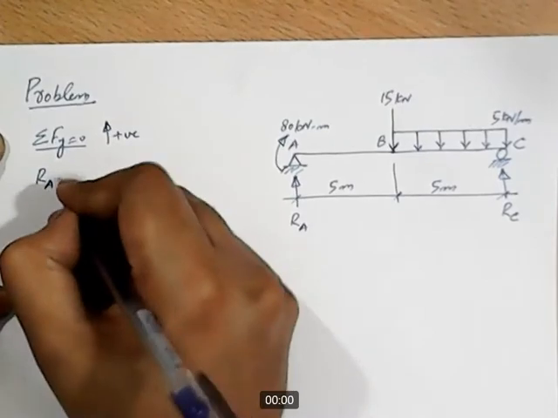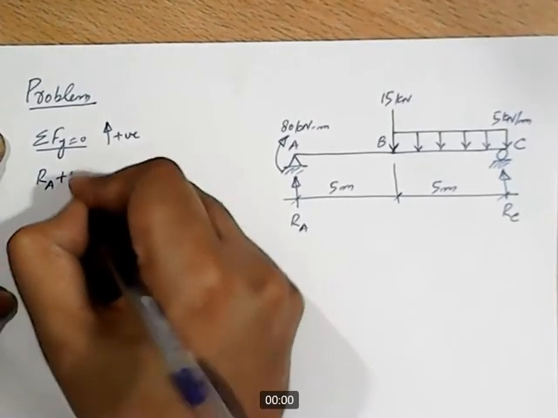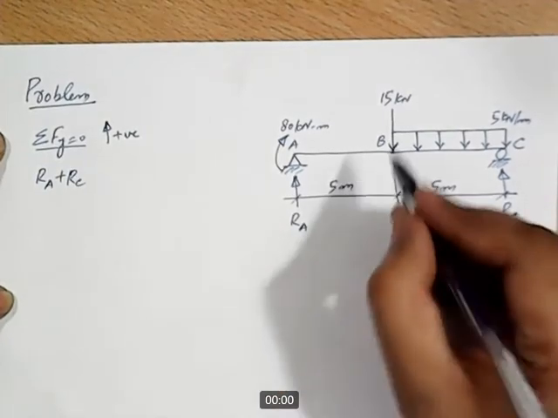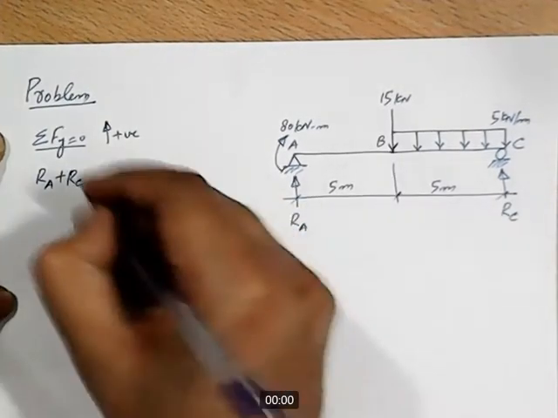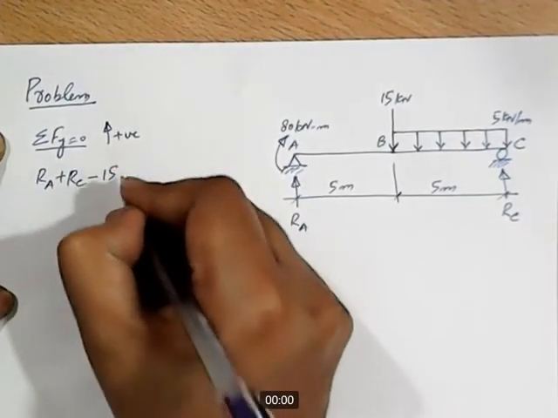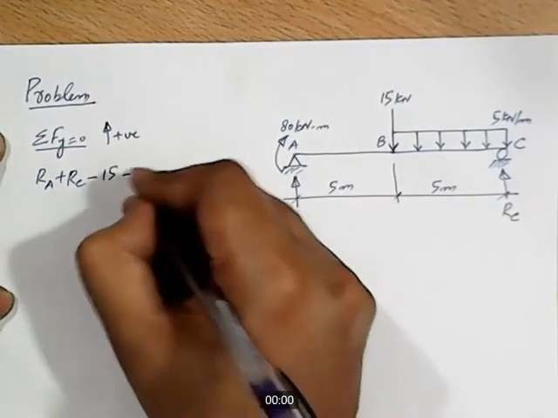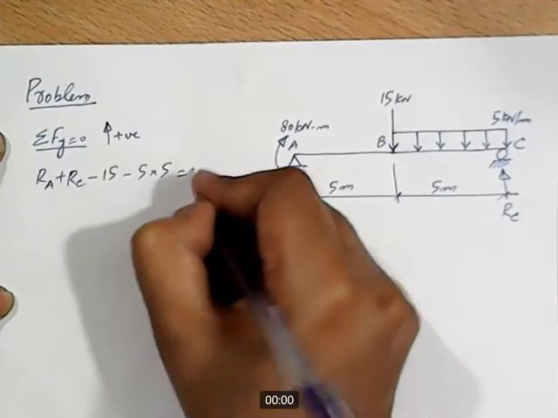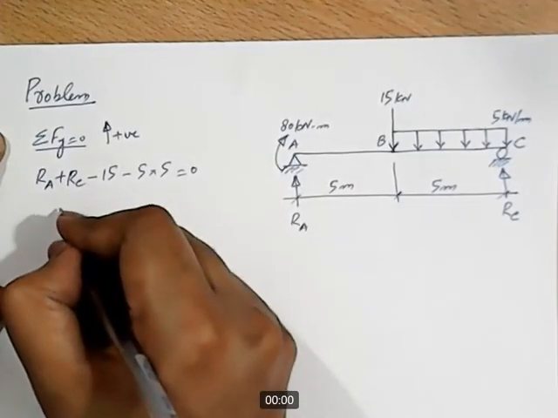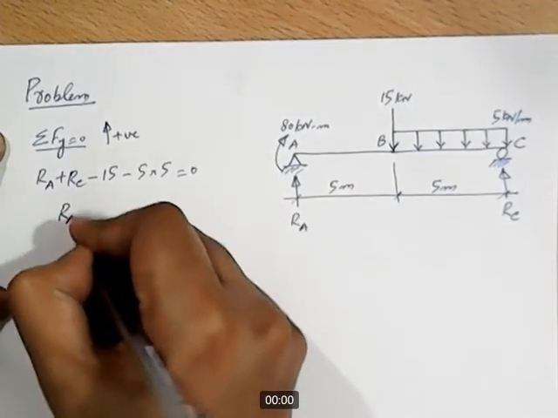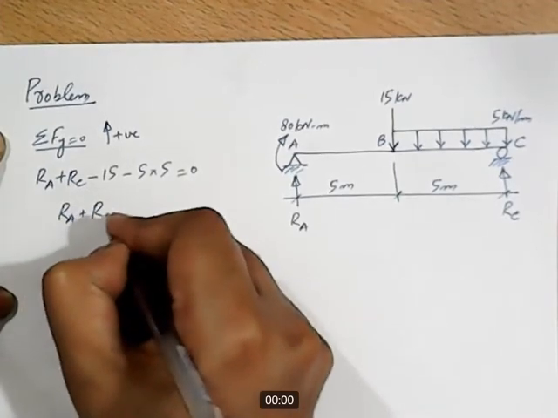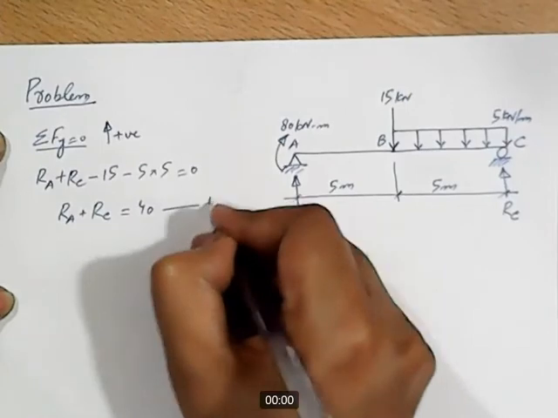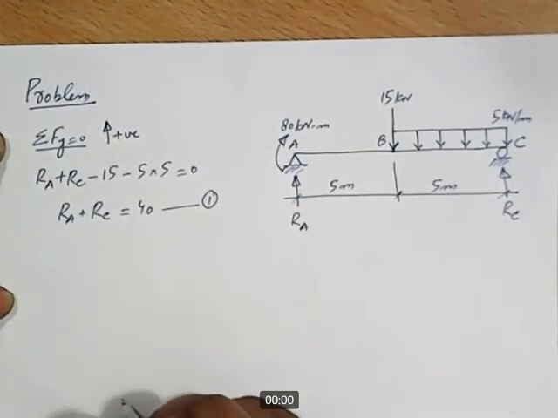So RA plus RC, and how many forces are acting in the downward direction? It's the 15 kilonewton force, minus 15, and minus this UDL, which is 5 into 5, and this sum should be equal to 0. If I solve this, I get RA plus RC equal to 40, and let's call this equation number 1.